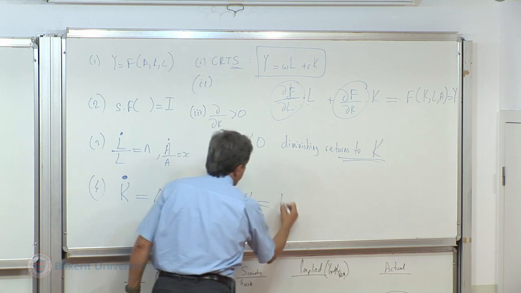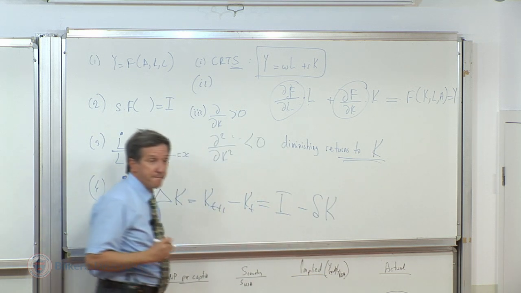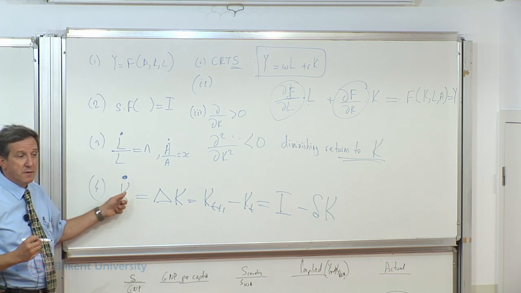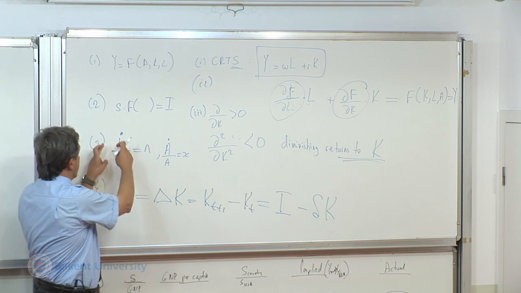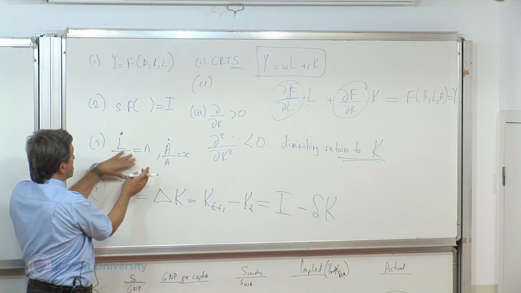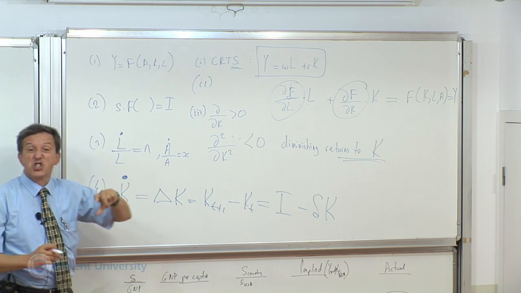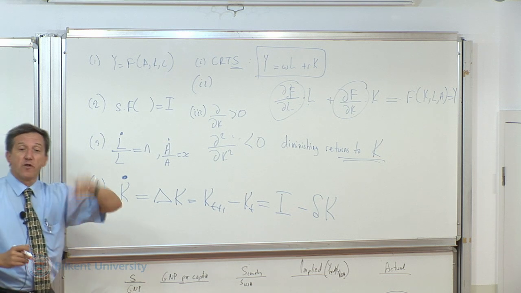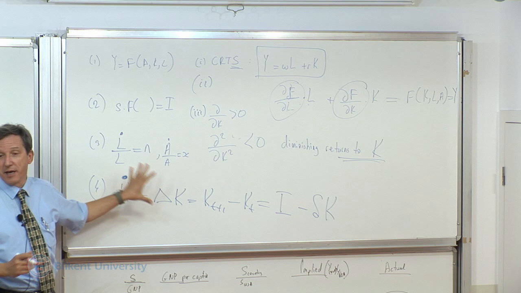And this is equal to investment minus delta K. When I put the dot notation, K dot, meaning change in that variable, L dot is change in variable. L dot over L is the rate of change. So K dot over K will be the rate of change of capital. Here I am only referring to the change in capital.